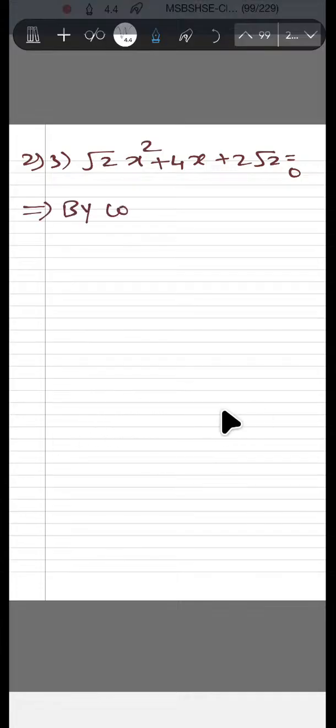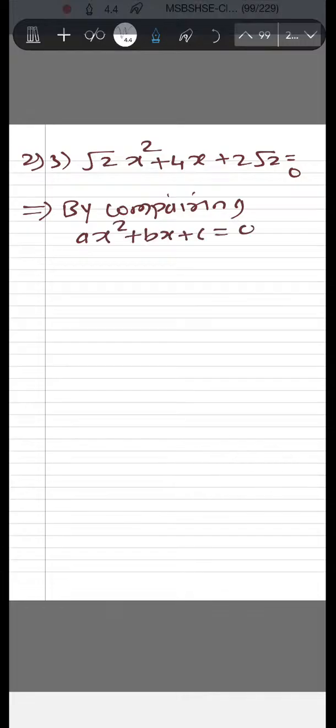As per the rule, by comparing with ax square plus bx plus c is equal to 0, I get a equal to square root of 2, b equal to 4, and c equal to 2 square root of 2.